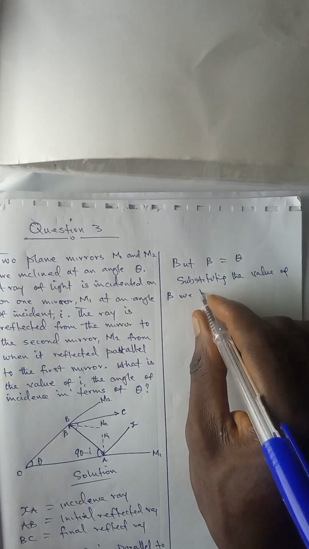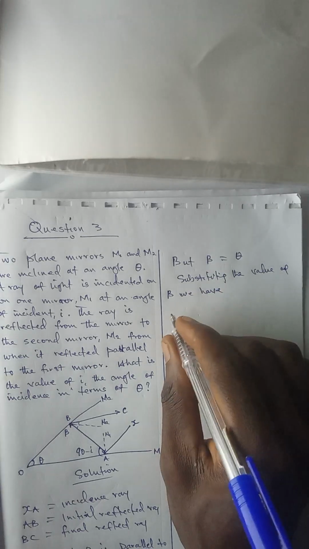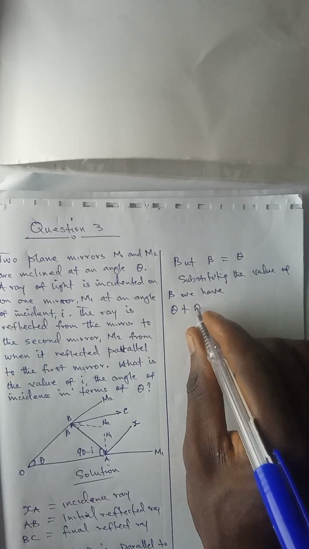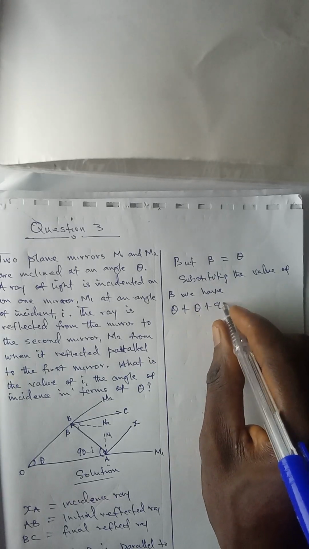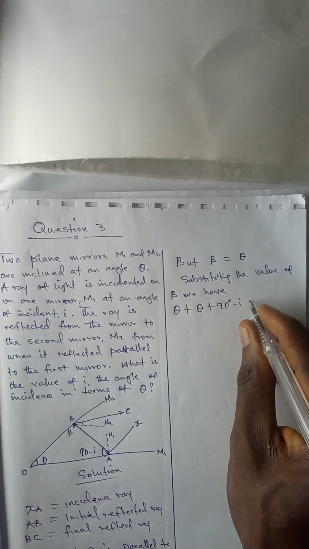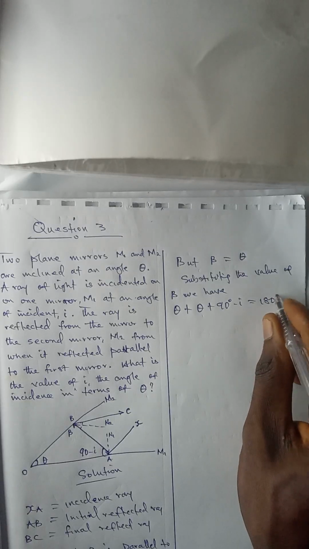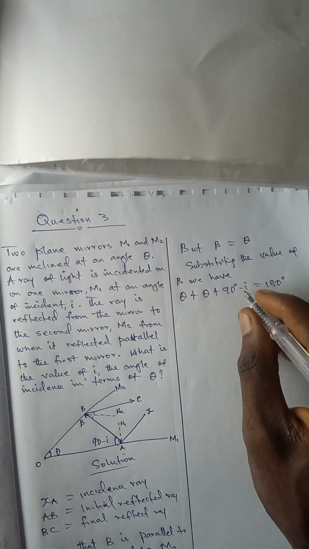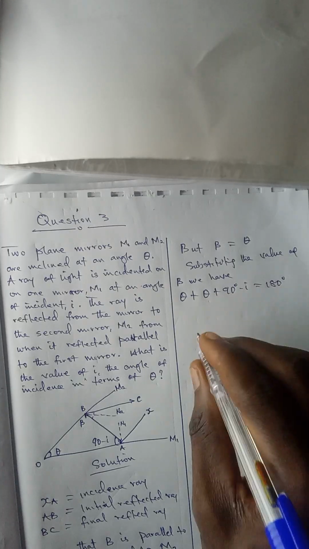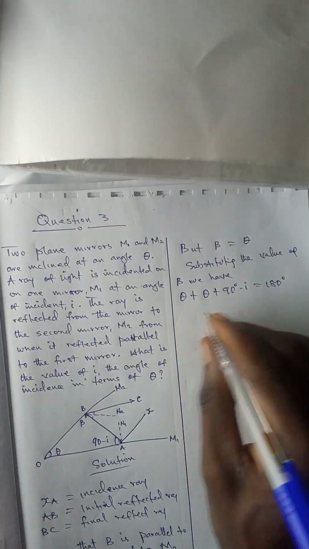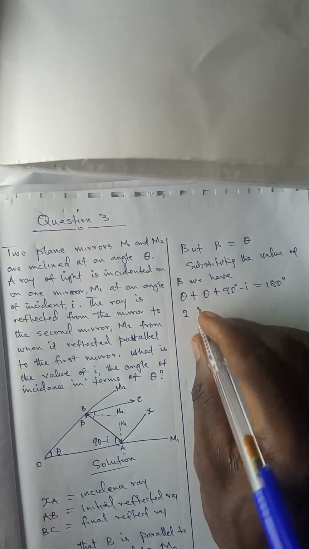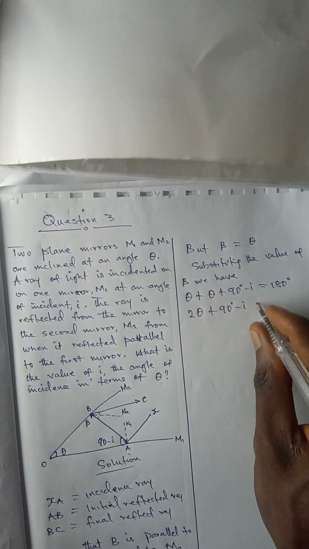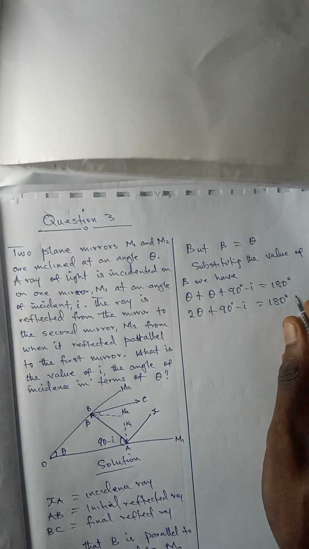We have that our theta plus theta plus 90 degrees minus I equals 180 degrees. Yes. Since we are looking for I, we have to make I the subject of the formula. But before that, we'll solve the normal mathematics here, that theta plus theta is equal to 2 theta, plus 90 degrees minus I equals 180 degrees.